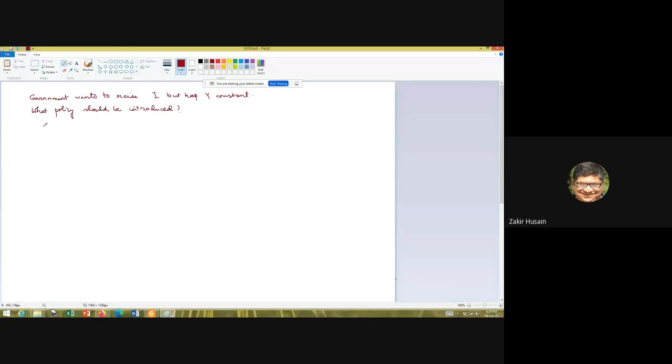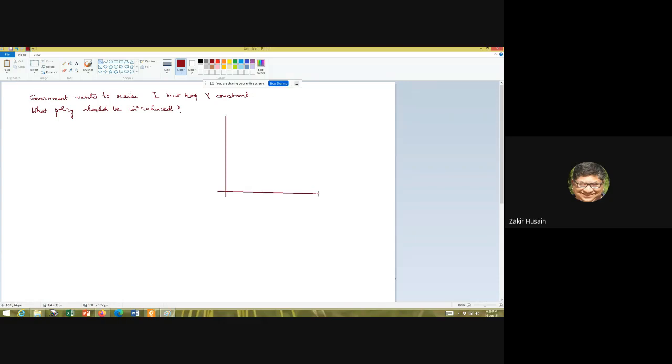Remember, this is a normal ISLM curve. So fiscal policy. Let's see.